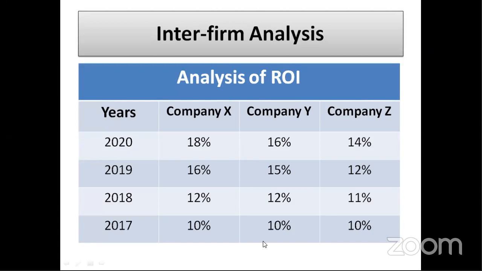Sir, I don't know whether it is relevant or not, but I have a question. If we compare these 3 organizations' performance over the period of 4 years, which one will we say is gradually doing better?